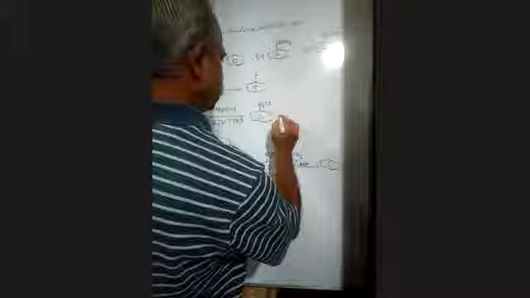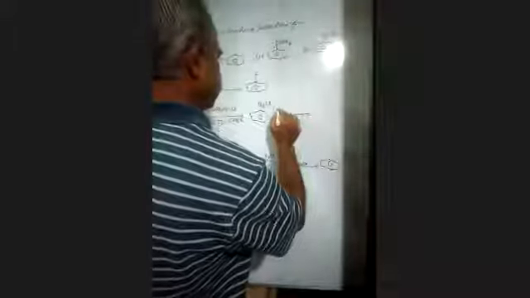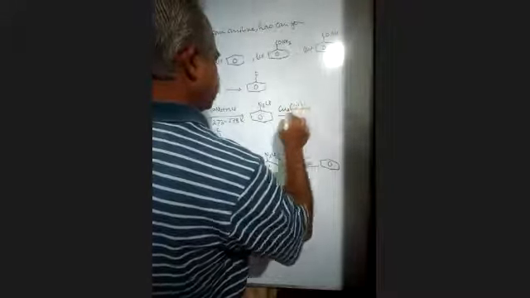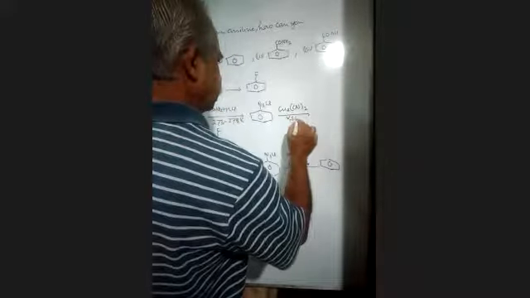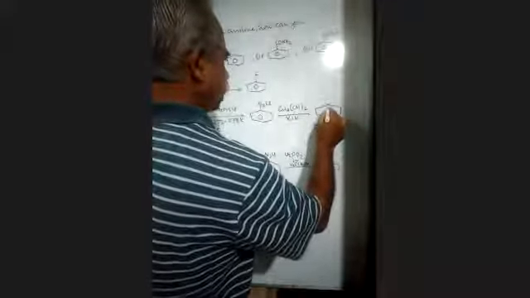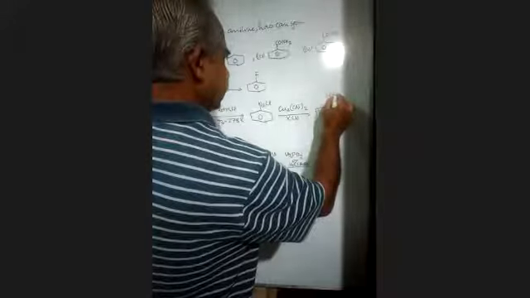See here. What I'll do now? This one I'll treat with cuprous cyanide, potassium cyanide. Then what I'll do? I'll get here cyanide, Sandmeyer reaction. Then I'll do partial hydrolysis.